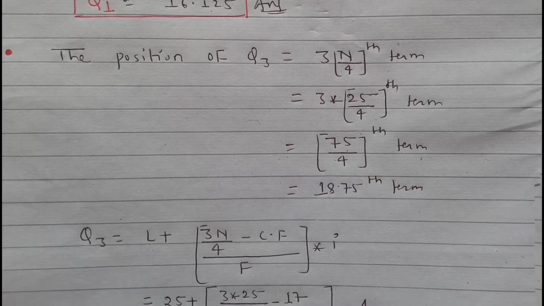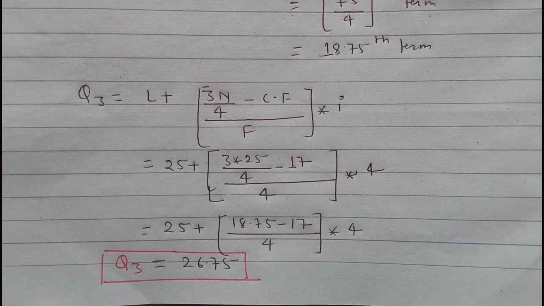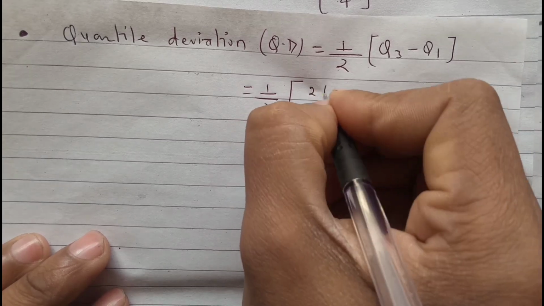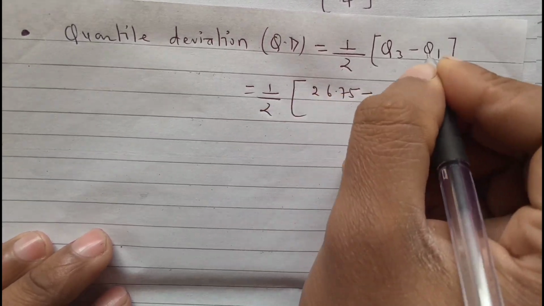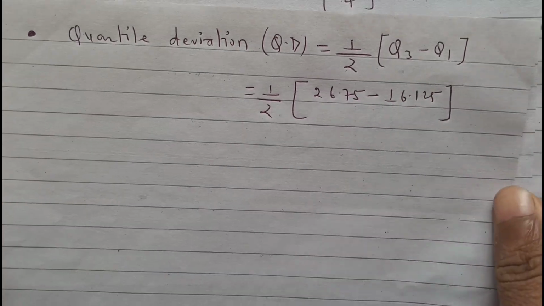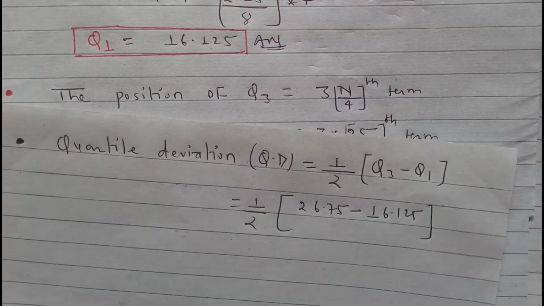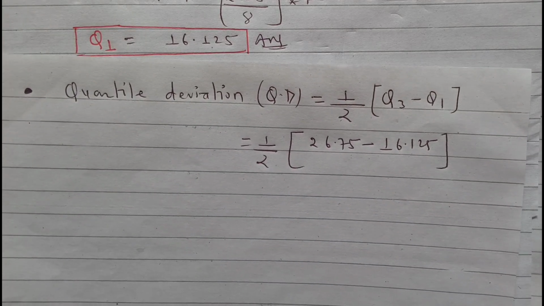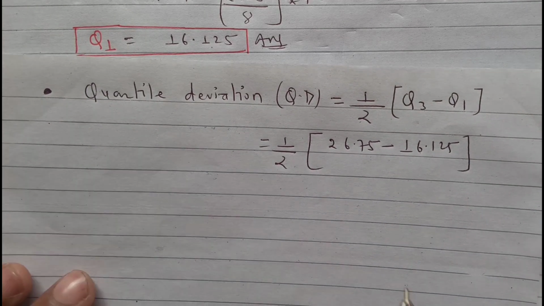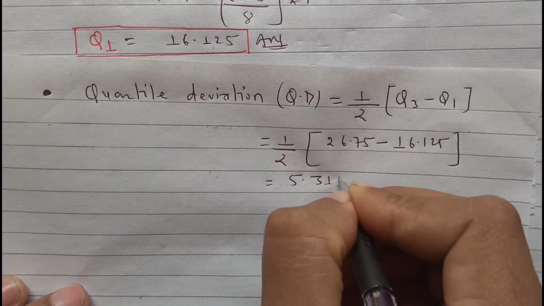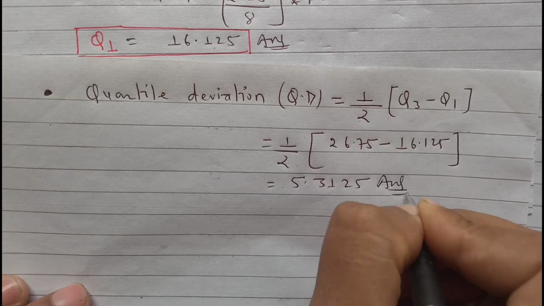Let's take it from above. 26.75 is the value of Q3. 26.75 minus the value of Q1, which is 16.125. You can check the value of Q1 here. The value of Q1 is 16.125. After solving this, we get 5.3125. This one is the quartile deviation.